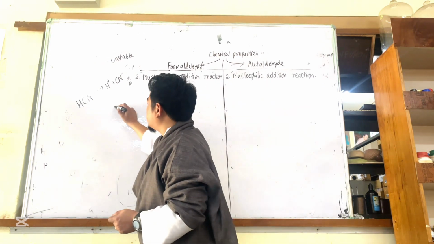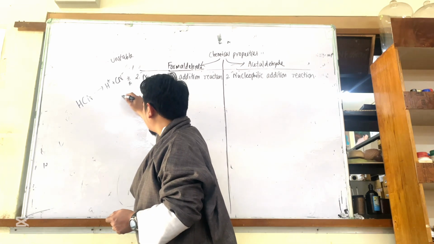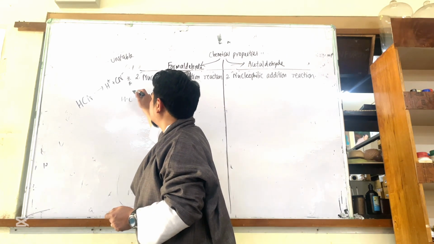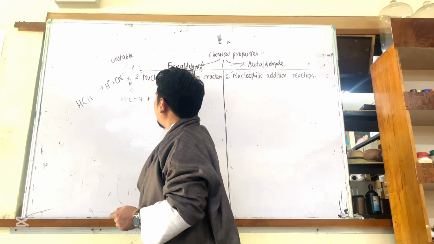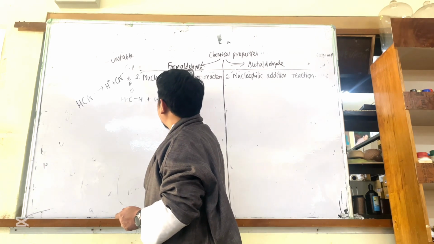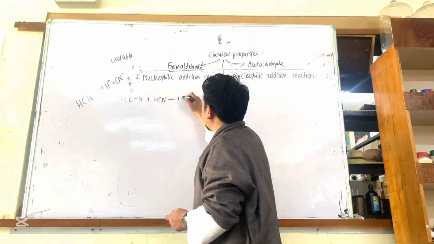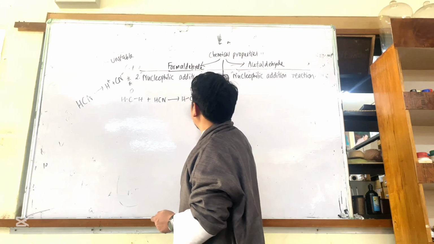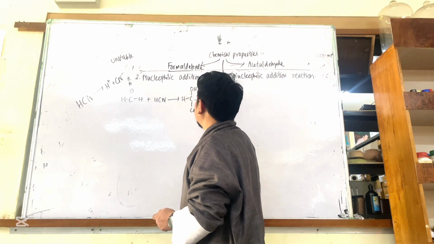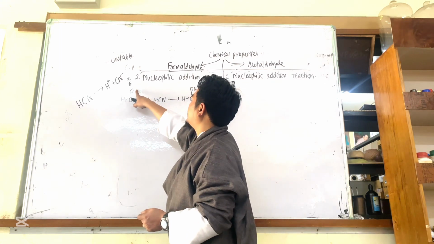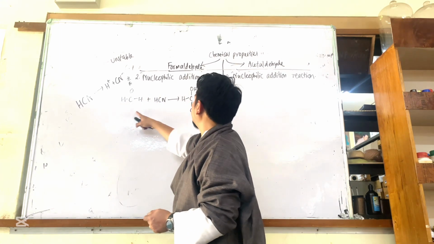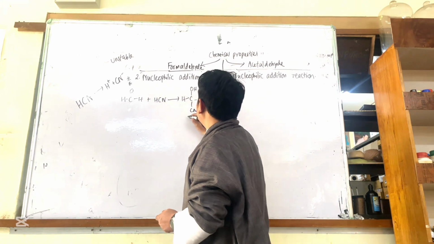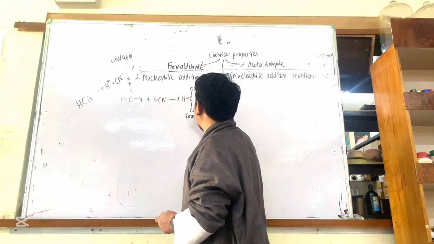So let us take the formaldehyde. I'm going to write out the overall reaction: HCOH and then HCN will give you HCOH and then CN and hydrogen. You can see the hydrogen is going to get added here, CN will come down here, and that is how you get formaldehyde cyanohydrin.